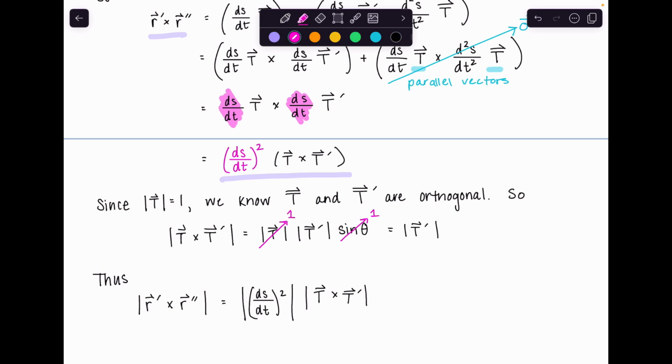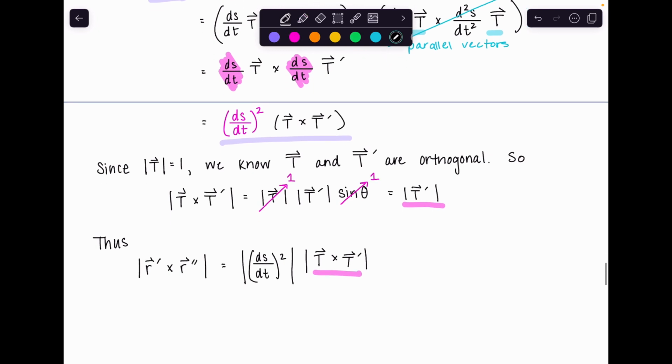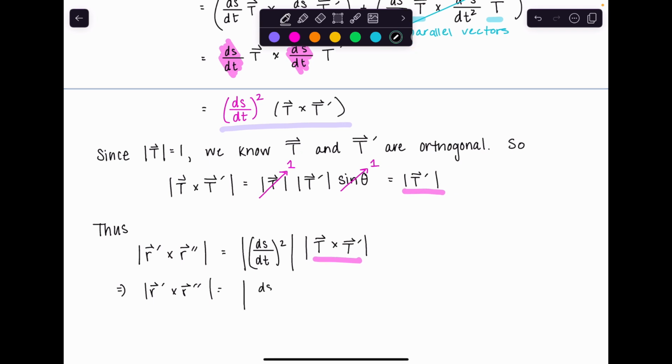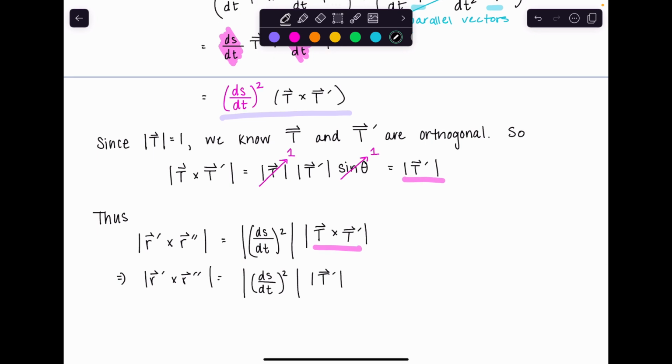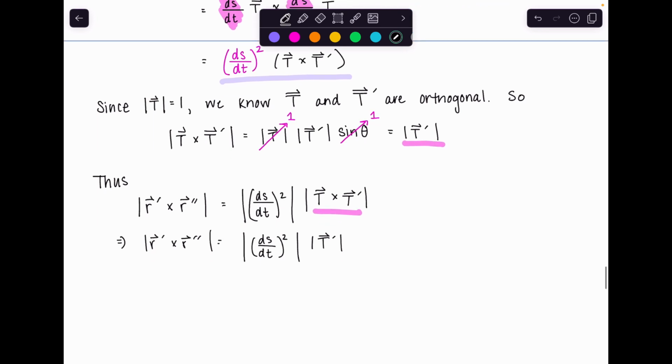But we just figured out the magnitude of t cross t prime will not depend on t at all. It becomes the magnitude of t prime. So this tells me r prime cross r double prime is really equal to the magnitude of ds/dt squared times the magnitude of t prime. And t prime is the thing I want to solve for.